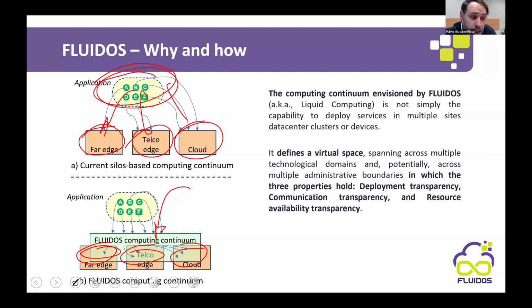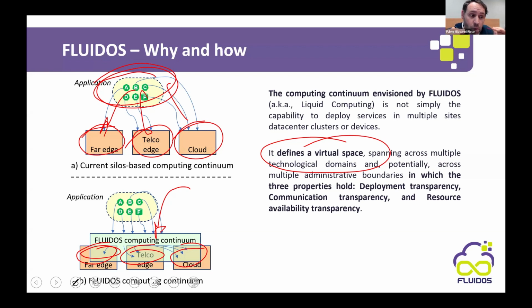So the computing continuum envisioned by FLUIDOS defines a virtual space that spans across multiple technological domains. Technological domains means a smartphone, a laptop, a server, a group of servers managed by Kubernetes, a cloud provider. So we're pretty agnostic in this respect.